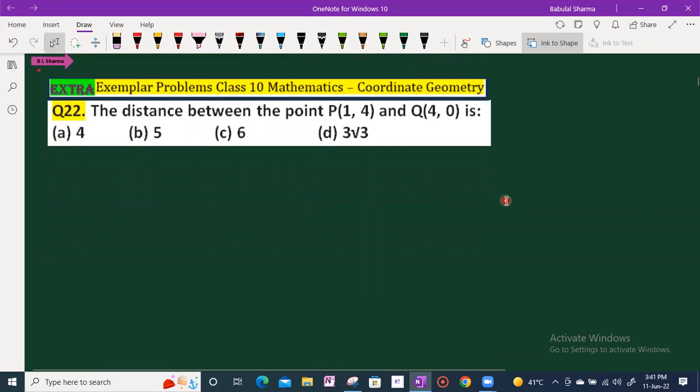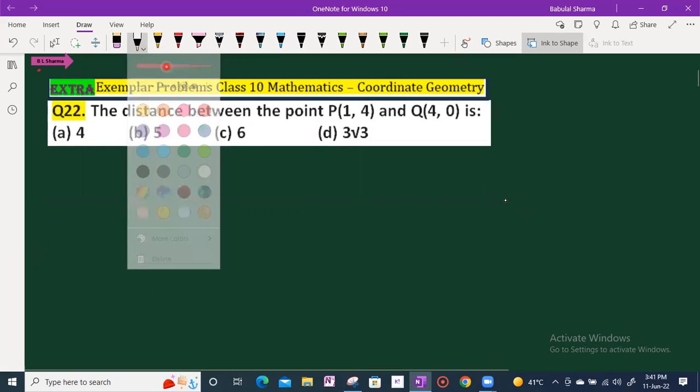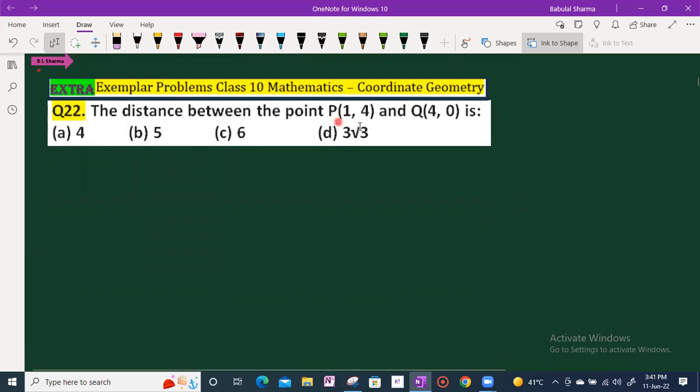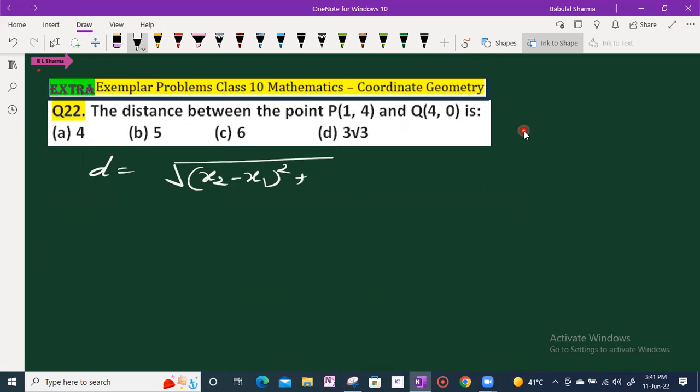Next question. The distance between the points P and Q with coordinates 1, 4 and 4, 0 is, we know that distance between 2 points given by square root of x2 minus x1 whole square plus y2 minus y1 whole square.